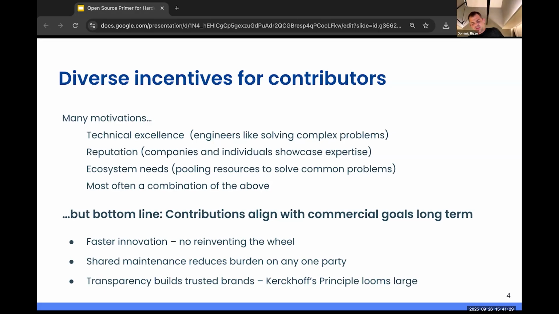And in the security domain in particular, Kerckhoffs's principle looms pretty large. This notion that the only thing that should be secret about a crypto system is the secret material itself. So that's often enough motivation for people working in the security and cryptography space to work on open source implementations.